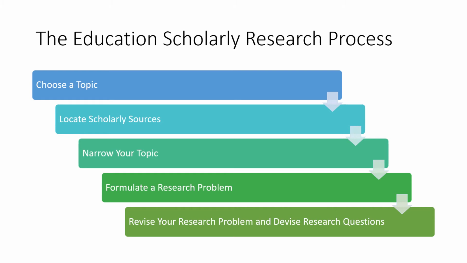So you understand some things about it. That will allow you to narrow your topic or refocus your topic, which will then hopefully allow you to formulate a research problem, which we'll talk about in the next lecture, and revise your research problem and devise research questions based on that. Because ultimately what research does is it seeks to answer the questions we ask about that topic.